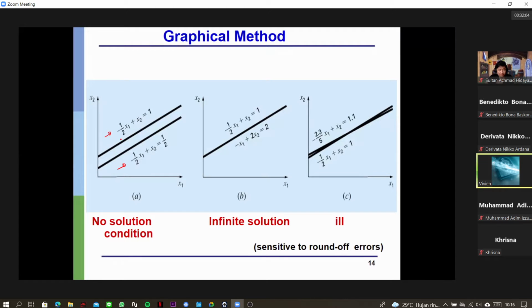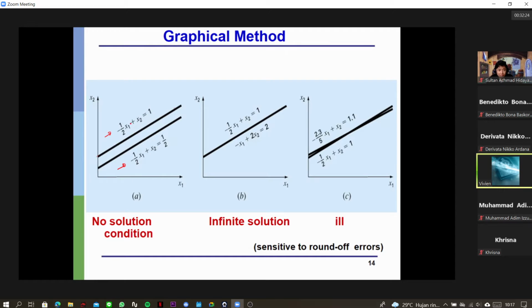In this case, the equations constructed from the problem give two parallel lines like this one, so we never have a solution.